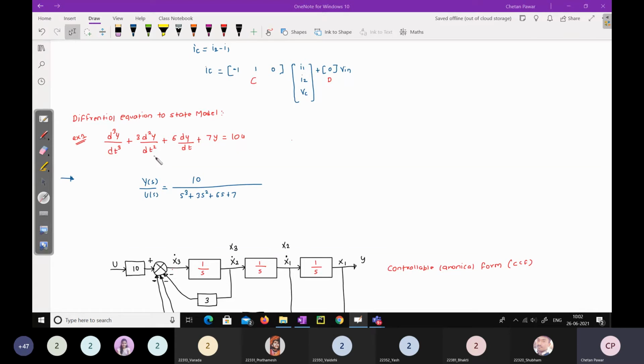I will tell you the shortcut to find a state space model from the differential equation. First, you see this conventional approach, then we will see the shortcut.